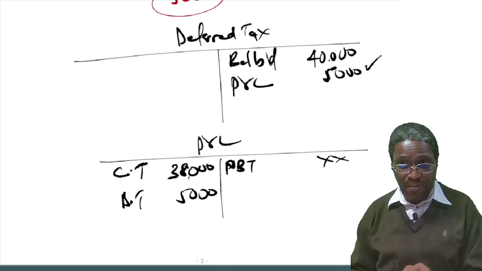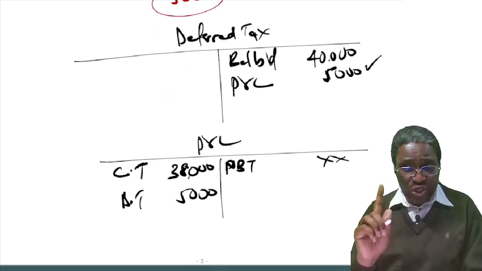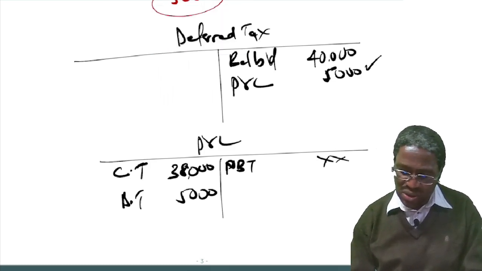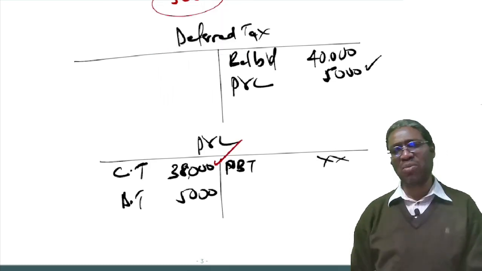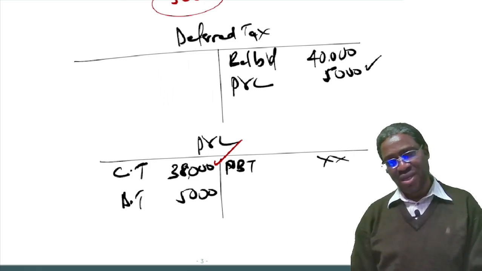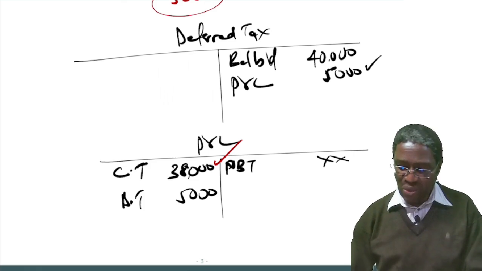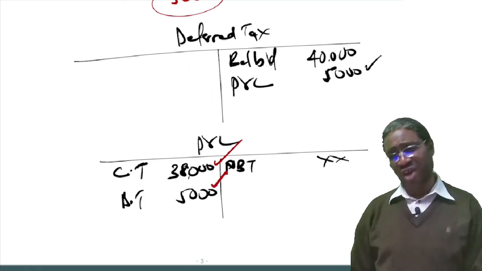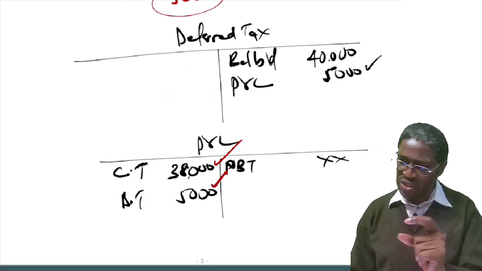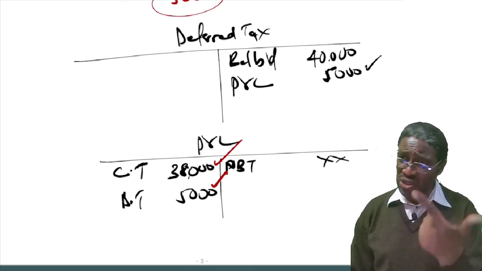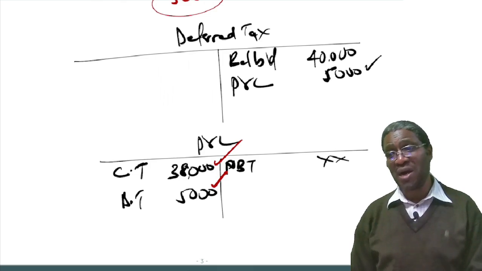Listen to this now. The question is this. If the corporation tax was debited, which is normally debited, and then I'm coming and debiting again the P&L account with another 5,000, the question is, does it mean I am increasing the amount of the corporation tax or I'm reducing the amount?